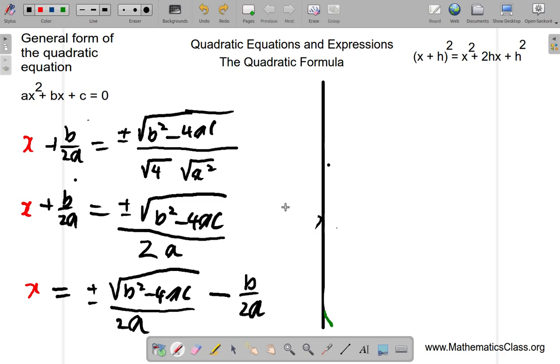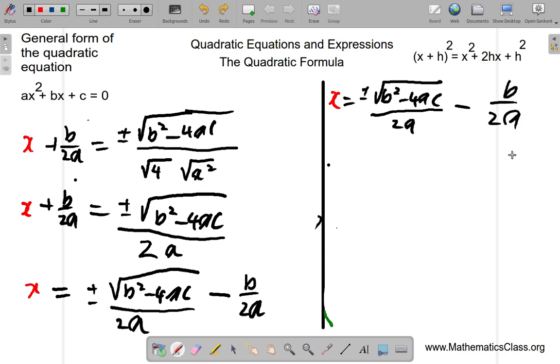Now we say x equals, if we have this plus and minus the square root of b squared minus 4ac over 2a minus b over 2a, you could find the LCM of 2a.